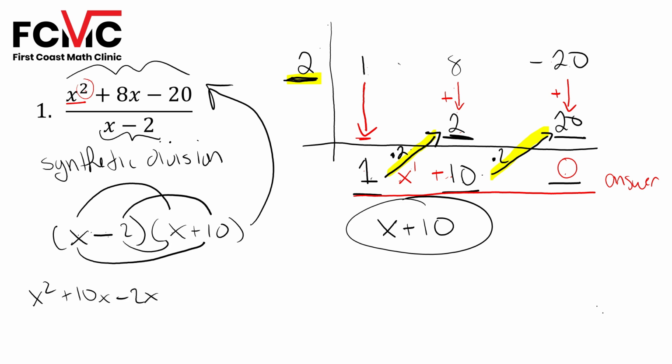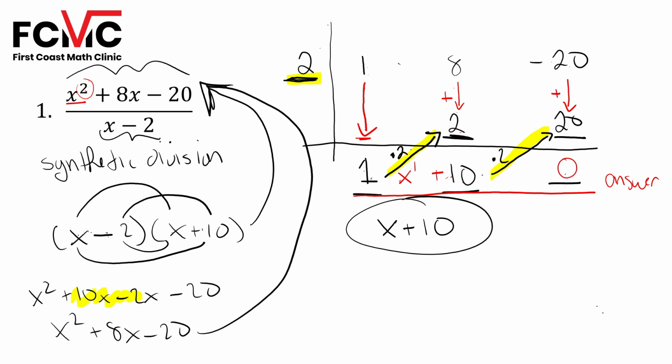And then last, negative 2 times 10 gives us negative 20. Combine those middle terms, our like terms, and we get x squared plus 8x minus 20. So we get that original polynomial that we divided into. So our answer checks. All right, let's do one more example using synthetic division.